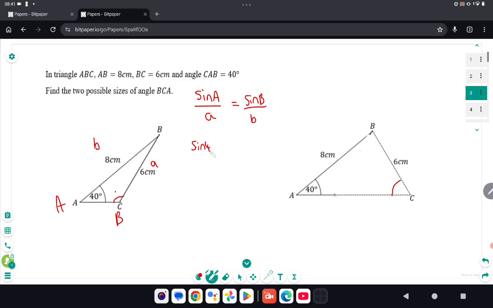So sin 40 over 6 equals sin, or I've relabeled this, but that doesn't really matter, sin, I'm going to call it B, just going to get rid of their labelling here, over 8. We're going to times both sides by 8. We get 0.857.